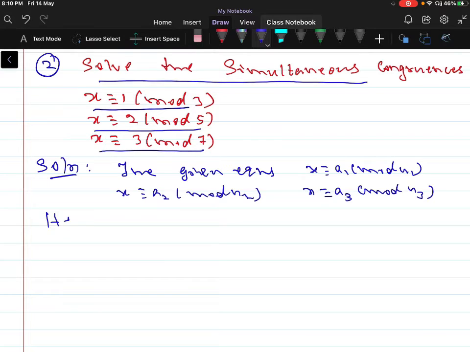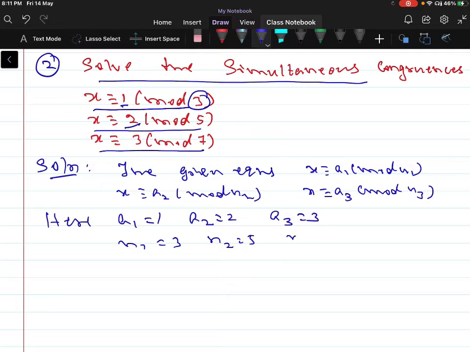Here a1 is equal to 1, a2 is equal to 2, and a3 is equal to 3, and small n1 is 3, n2 is equal to 5 and n3 is equal to 7.